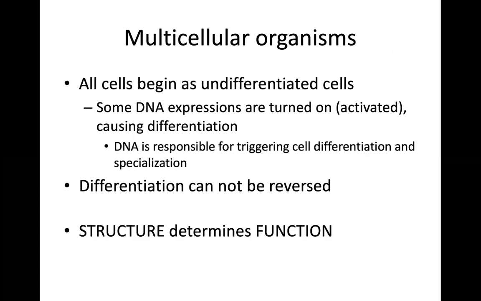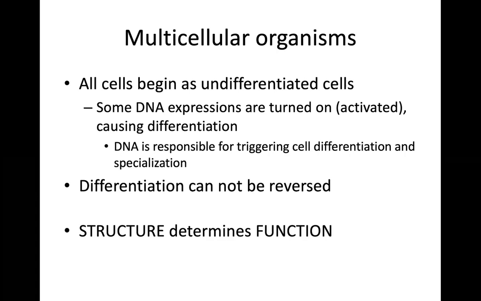So if they're undifferentiated, what does that mean? They can be a stem cell. So that means that they can transform into other cells. Okay? If they are not yet differentiated though, what does that mean? They don't have a special job yet, right? All those answers are right.